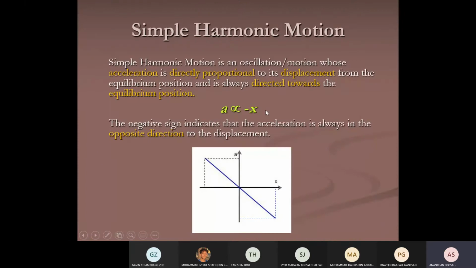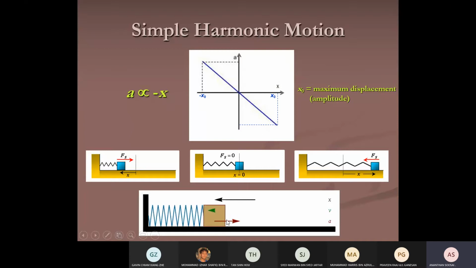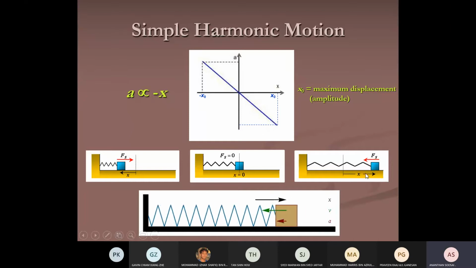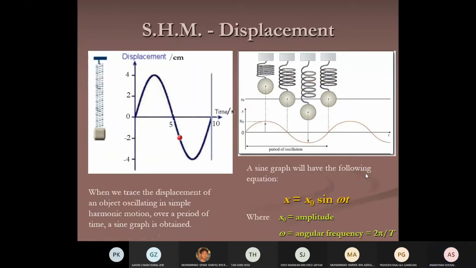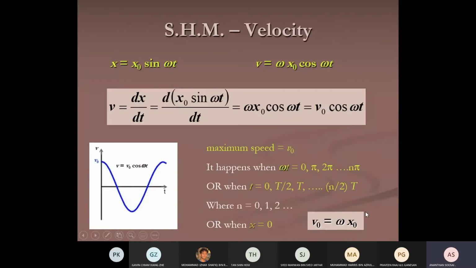In simple harmonic motion, acceleration is directly proportional to the displacement but in the opposite direction. The graph we traced out, acceleration against x, has a negative gradient. Then I showed you this animation, where the first arrow and the third arrow are always in opposite directions, defining SHM.